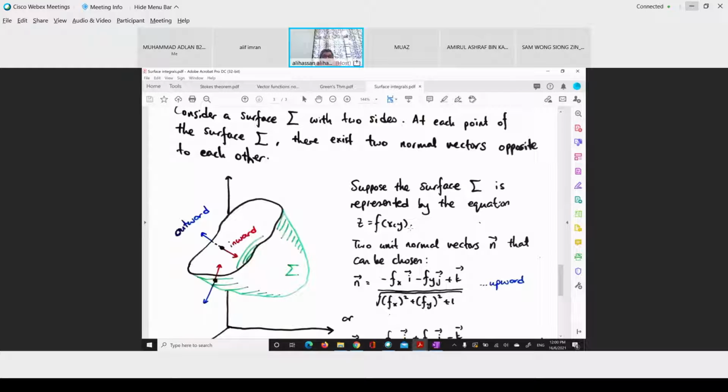The height is the speed times h, and then the surface. So the volume is the area of the surface sigma times the height, the length here. That gives us the volume.